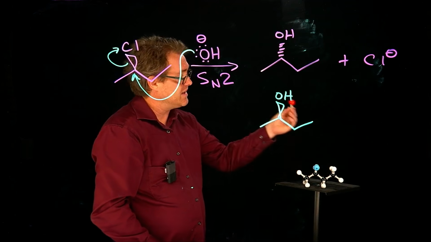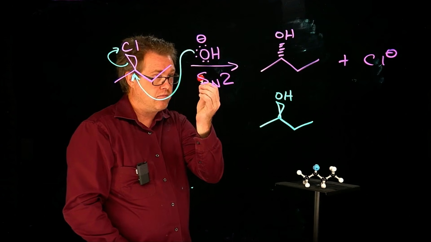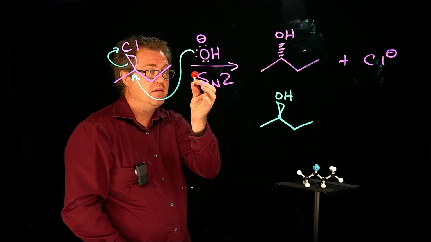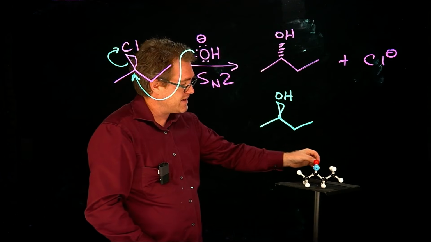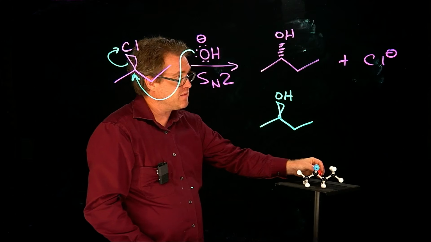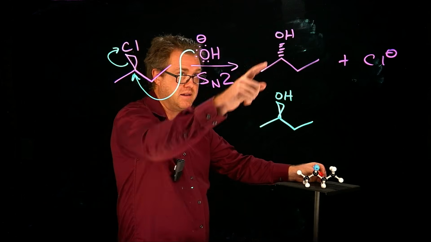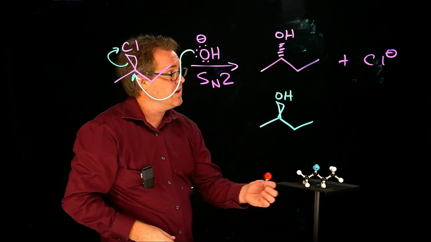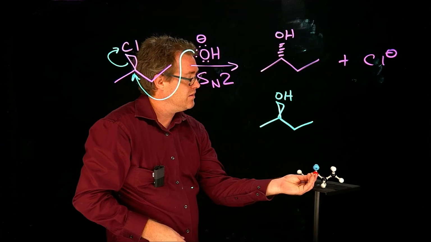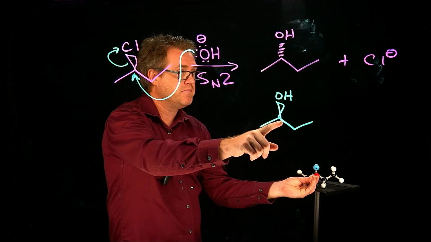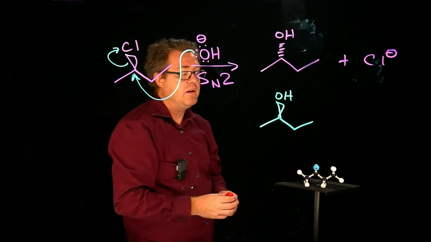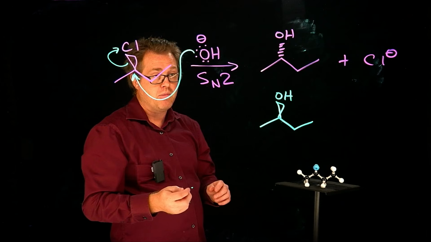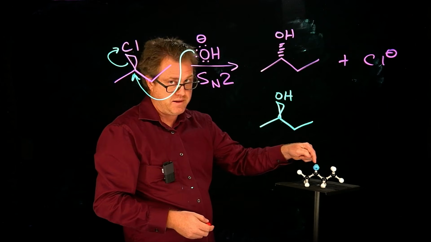And since this red sphere is coming in from the back side, from your perspective, that makes it a dash. But if it approached from the front side, then that would give you this. Now, remember, front side, back side is all in perspective to where the leaving group is.